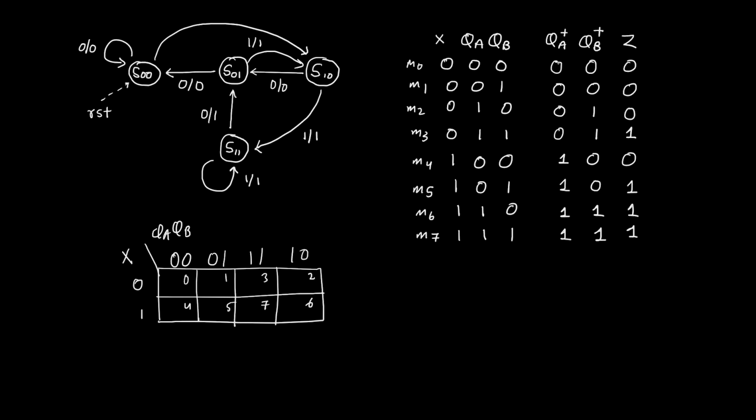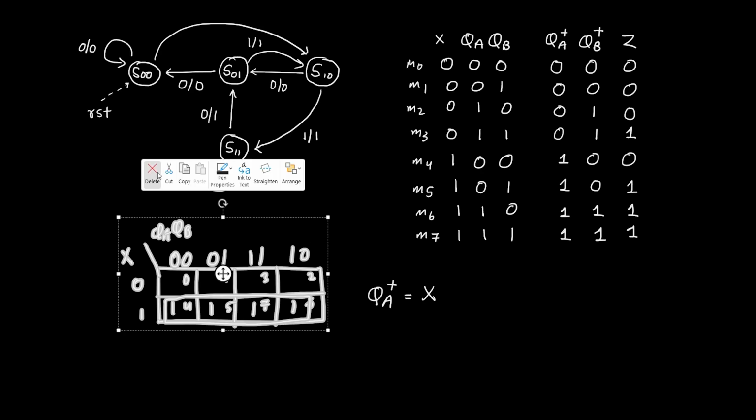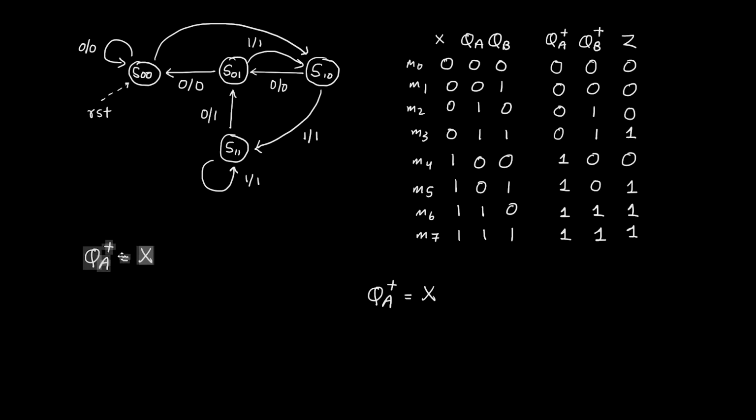So for QA plus, my minterms are 4, 5, 6, 7. It is forming a quad, so we can group them. So my QA plus is X. We got our first equation.